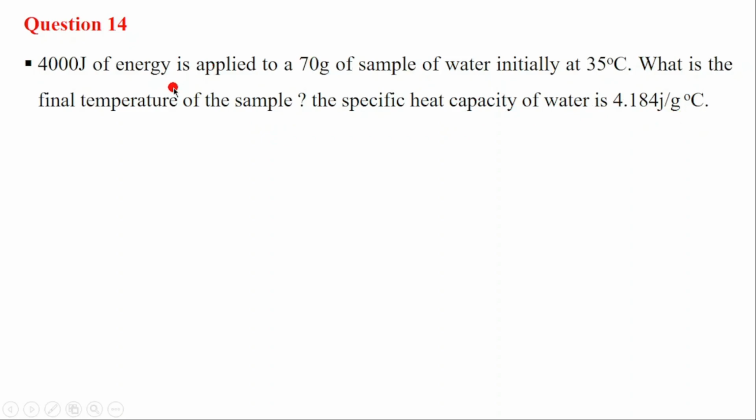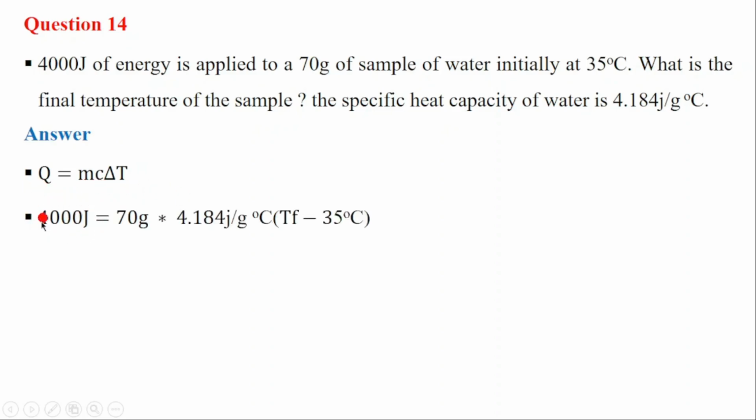Here we have the heat, so we need to calculate the final temperature of the sample. The heat is equal to mass times the specific heat capacity times the change in temperature. The change in temperature is TF minus T initial, and T initial we have, mass we have, and C we have. So here we put the Q, which was given as 4,000 joule. The mass is 70 gram.